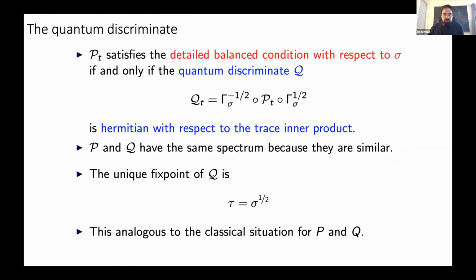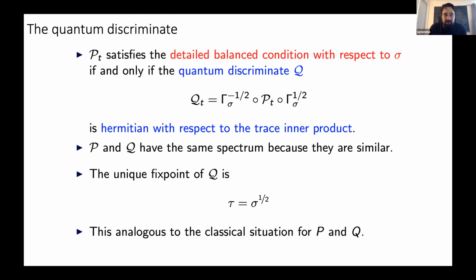But if you have that, you can define a quantum discriminant: you right multiply with the square root of gamma sigma, followed by the channel, then the inverse of gamma sigma, and declare that to be the quantum discriminant. It turns out that exactly this matrix becomes Hermitian relative to the Hilbert-Schmidt inner product, and so it's exactly the same situation as you had classically.